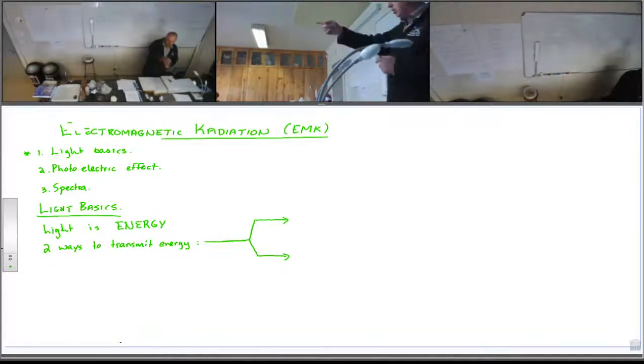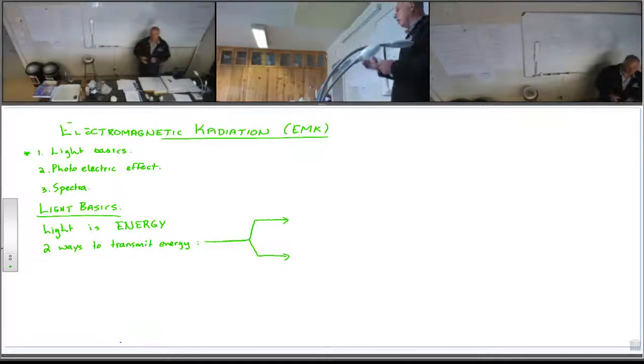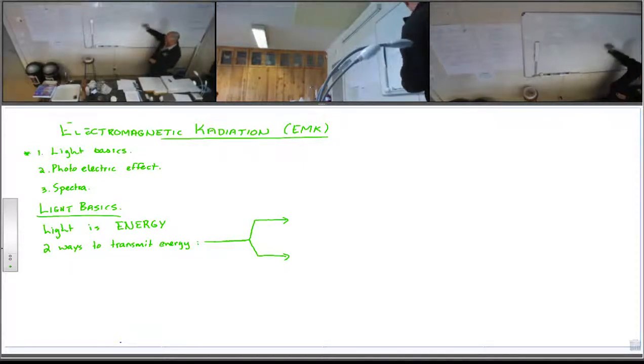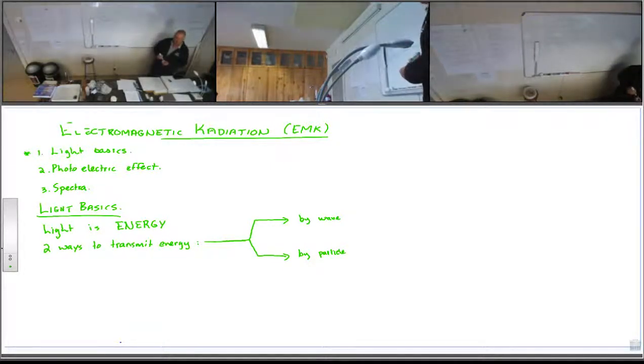One of you mentioned the dual nature of light. Light could be a particle or light could be a wave. Now that touches on the 2 ways of transmitting energy: one, by wave, and two, by particle. Those are the only two ways that we have of transmitting energy.